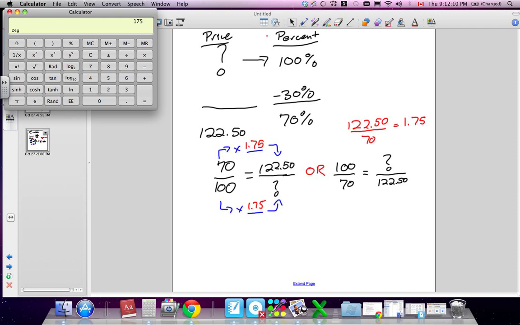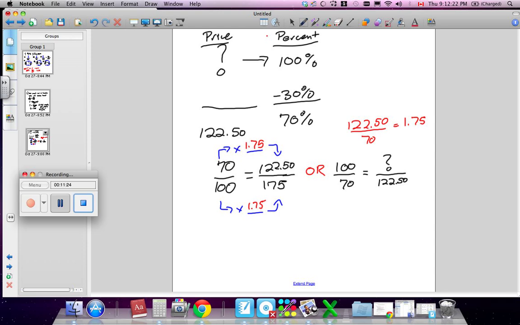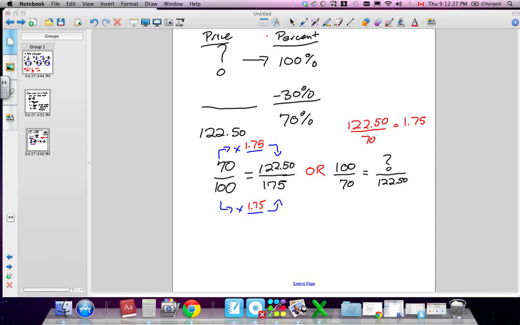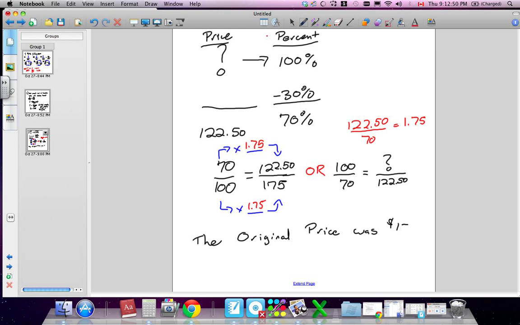I think you get too many numbers. Try again. 100 times 1.75. So the original price... How much money did Miguel save?